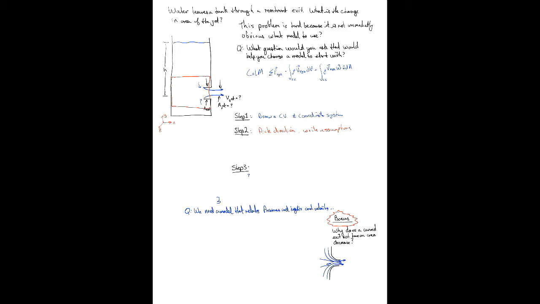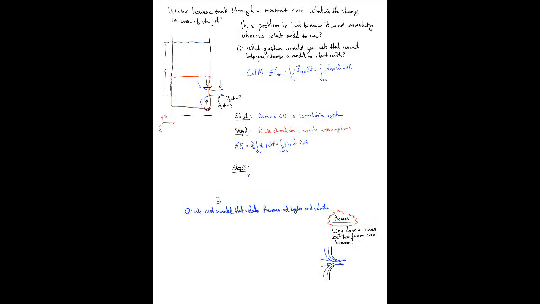So we're going to pick sum of the forces in the x direction is equal to d dt integral of Vx times rho dV plus integral over our control surface. The first one is integral over our control volume, but our second integral is over our control surface of rho vx w dot n hat dA.